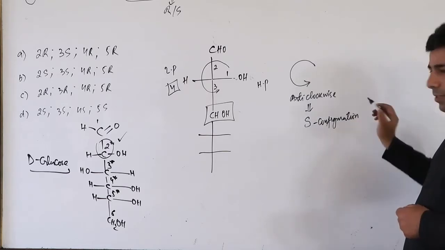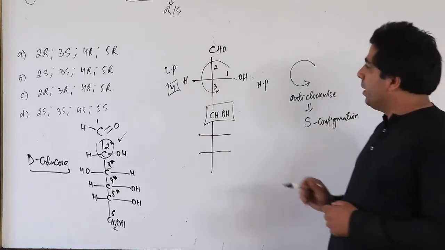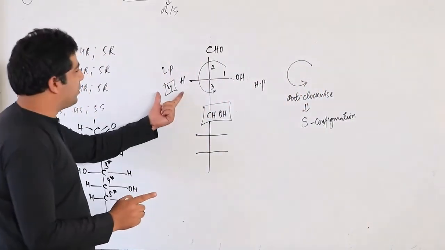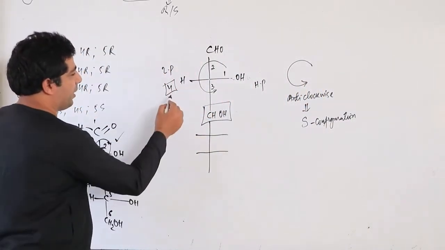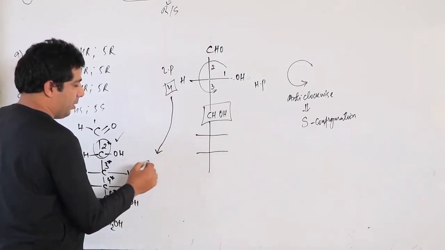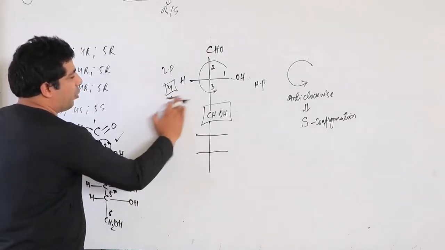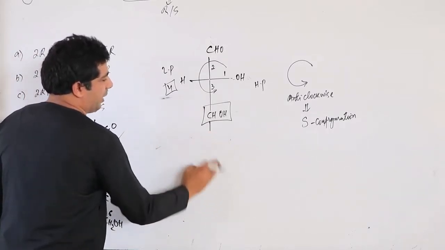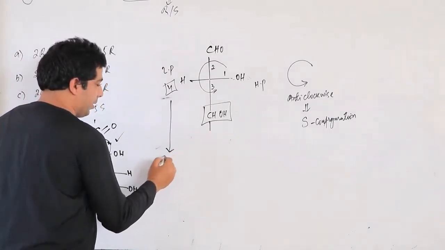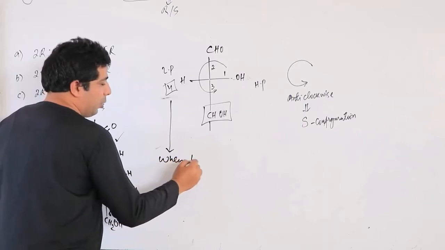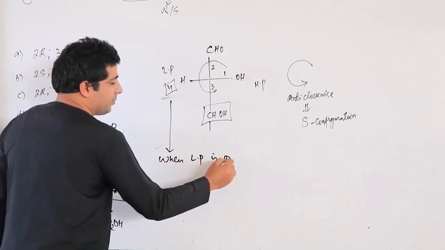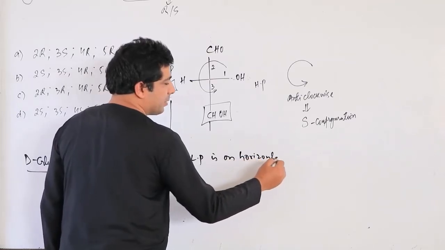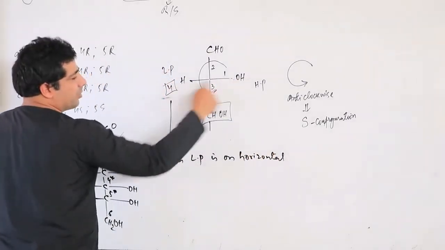But there is a point. What is the point I want to tell you? That this lowest priority, if you look at the lowest priority, this is 4th priority, H. I have told you last time about the lowest priority, if you remember. If you have remembered that particular thing, I have already told you. When lowest priority is on horizontal line, look at this line, this is horizontal line.